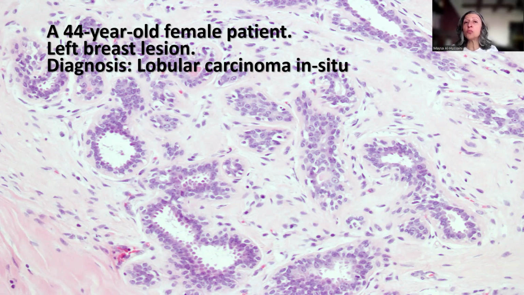Remember that in some cases, pagetoid spread into adjacent duct can be seen. Remember that E-cadherin and beta-catenin can show exactly similar supportive immunohistochemical pattern, in which there is loss of the membranous staining for both, whereas they maintain the stain in the epithelial and the myoepithelial cell layers.